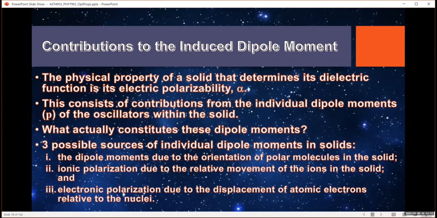We've got the dipole moment that is due to polar molecules in a solid. We've got the ionic polarization, and that's due to the relative movement of the ions in the solid. And then we have the electronic polarization, and that's where the electrons in the atoms are displaced relative to the nuclei of the atoms. So we've got these three different places that can be affected by light, and therefore contribute to the induced dipole moment.